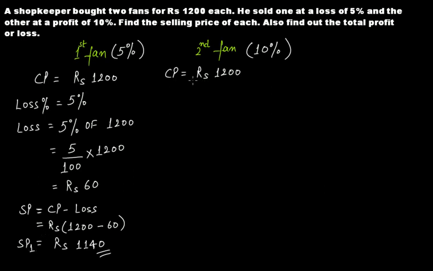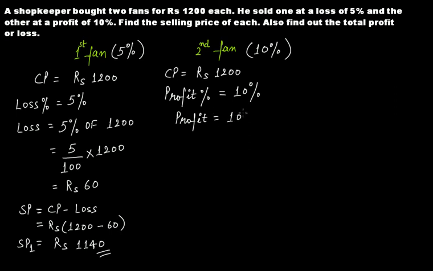Now let's calculate for this one. In this case you sell it at a profit of 10%. So what's the profit that you actually make when you sell this fan at a profit of 10%? Remember, we always calculate the profit and loss on cost price.